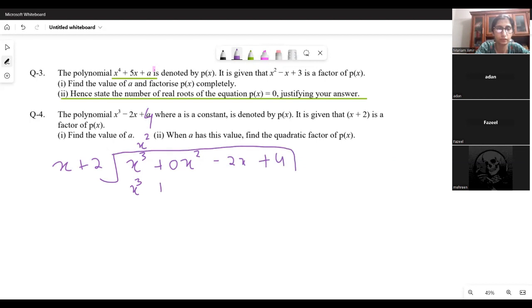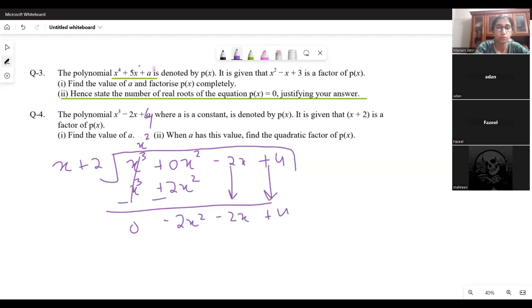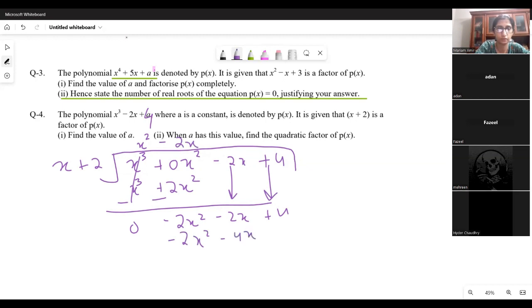So plus 2x square, change the signs, minus 2x square minus 2x plus 4. Then minus 2x, minus 2x square minus 4x, minus, sorry, plus and plus.